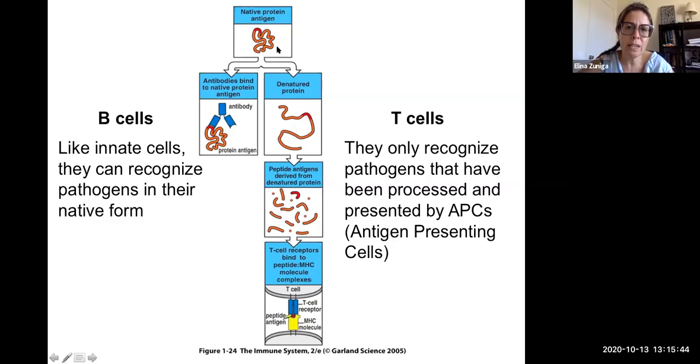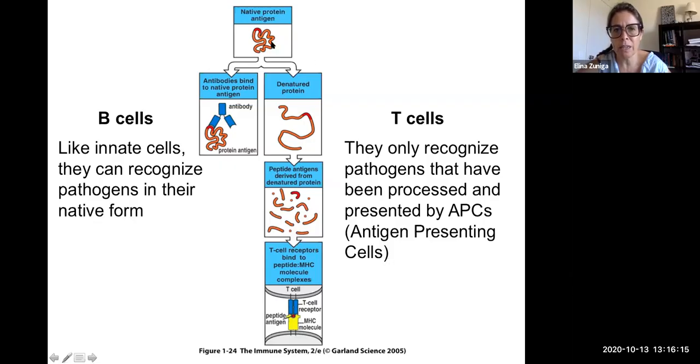So this is the native protein, for example, and the antibodies or the BCR will bind to the protein in its native form, okay? In contrast, the T cells only recognize the pathogen parts once they have been processed and presented by antigen presenting cells. And this is depicted here.